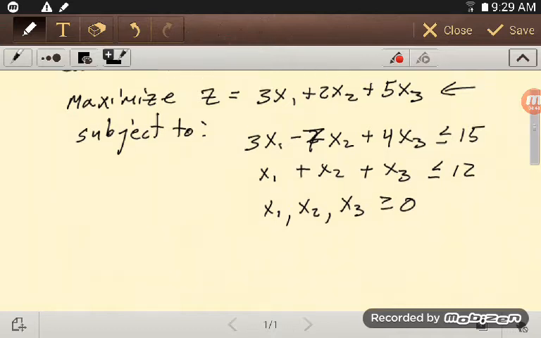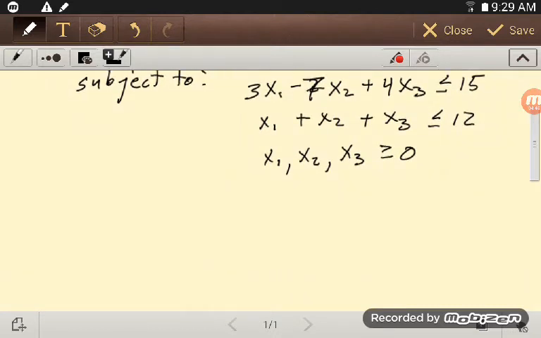And so more generally, what we say is we want to maximize, and we can minimize and so forth, and we'll look at that in more detail in other videos.